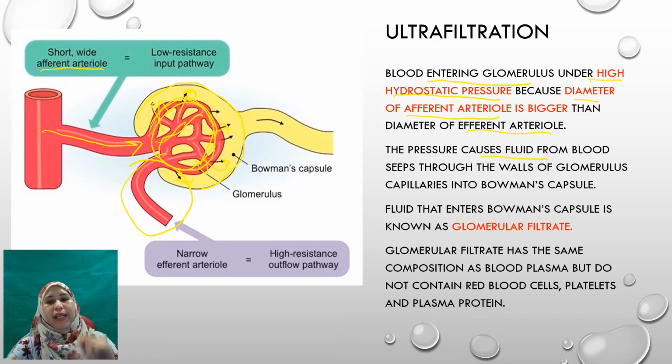The fluid that enters is called glomerular filtrate. It has the same composition as the blood plasma, except for red blood cells, plasma protein and platelets, because these are big size substances.